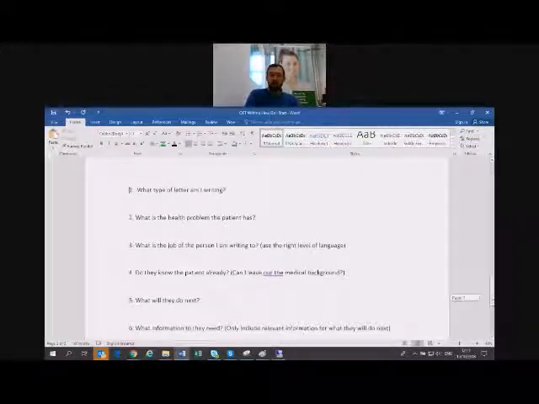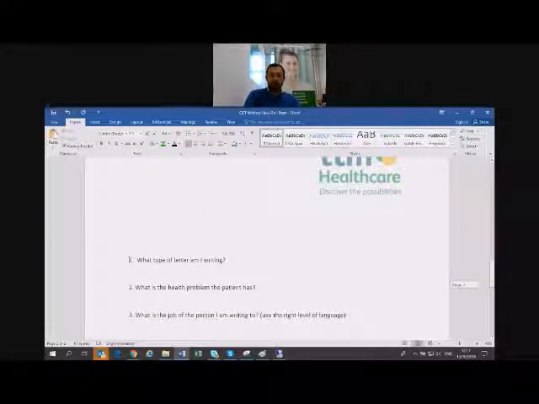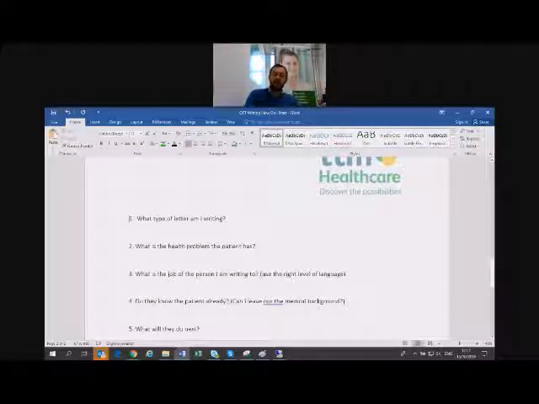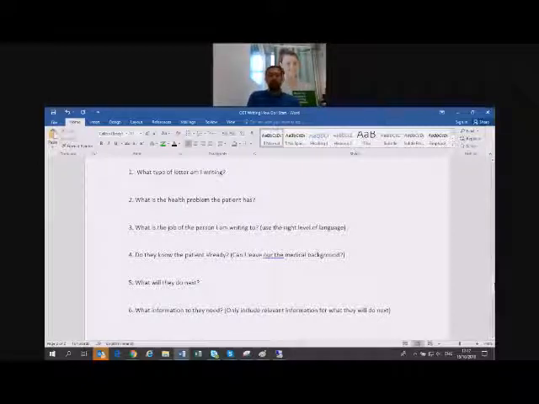Alan and I both agree that these are the key questions that you need to ask yourself at the beginning of any task. What type of letter am I writing? Is it a discharge? Is it a referral? Is it a transfer? Transfers are basically just referrals. What is the health problem the patient has? What's the context?